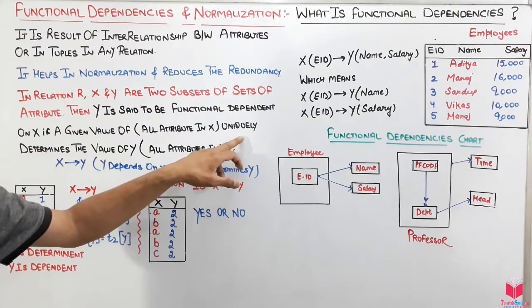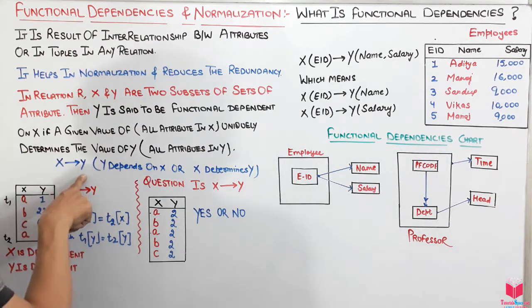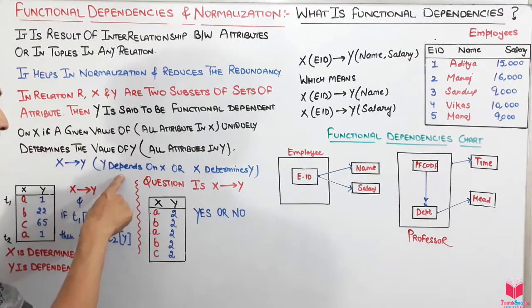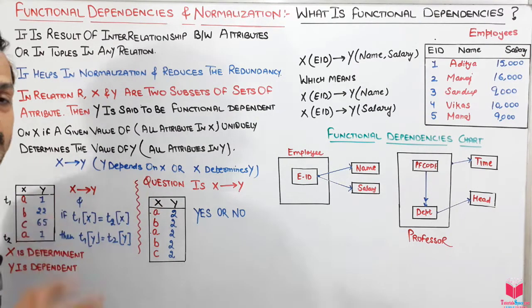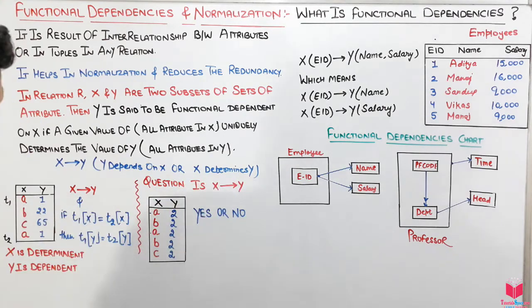Remember that we have to get the unique value. We represent it as X arrow Y. That means Y is functionally dependent on X, or we can also say X determines the value of Y. Okay guys, so here is an example.